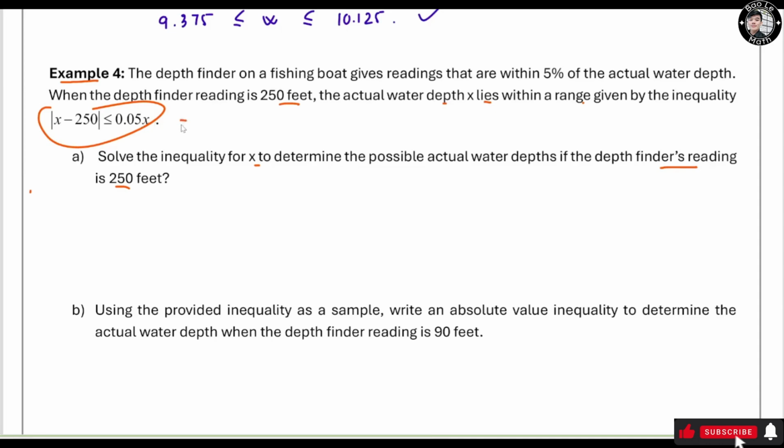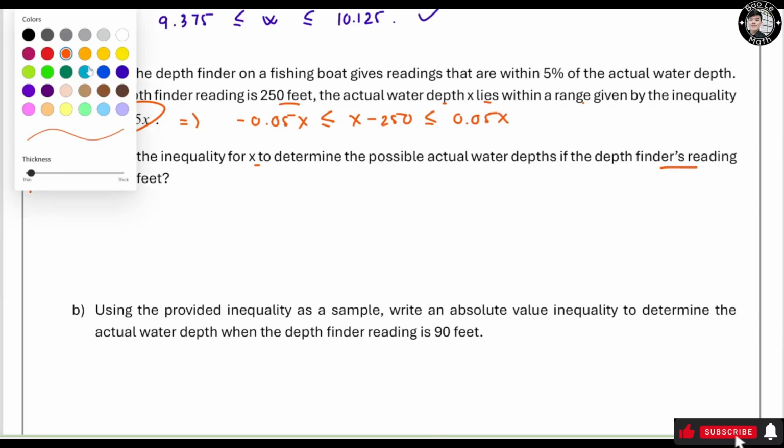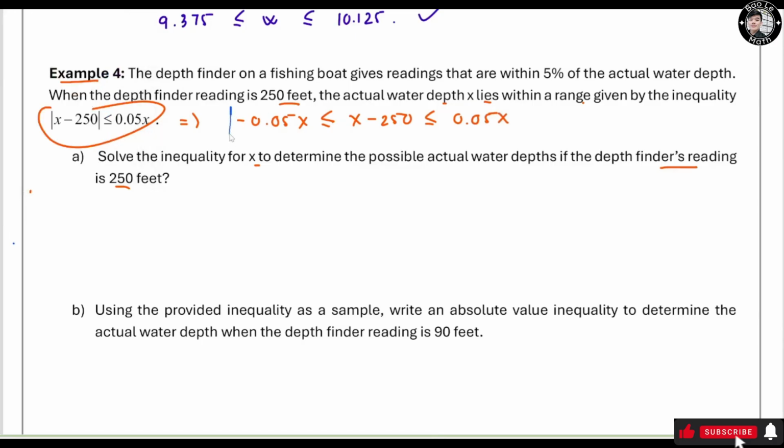Alright, so this is the same thing as negative 0.05 S less than or equal to S minus 250 less than or equal to 0.05 S, right? Now we're going to solve the left hand side first. So we're going to add 0.05 S to both sides and add 250 to both sides.